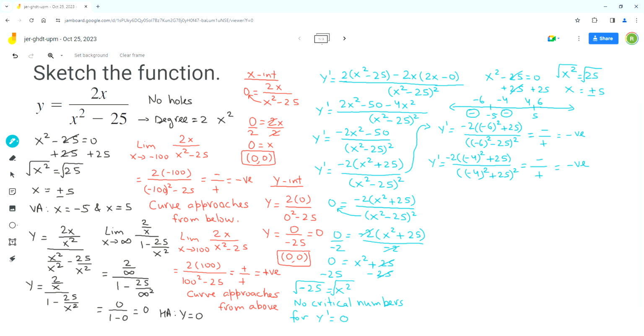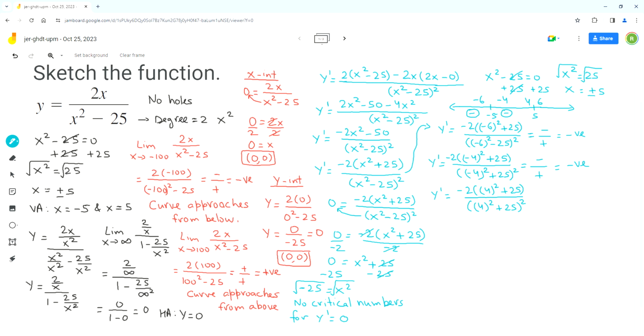Now we can do the analysis for the other critical number. So we can sub in x as 4, so -2 times (4 squared plus 25) over (4 squared plus 25) squared.